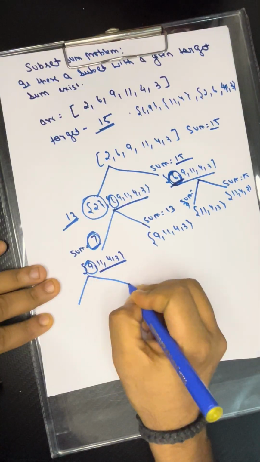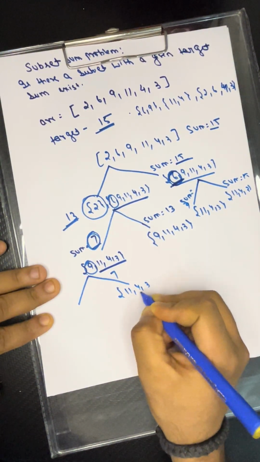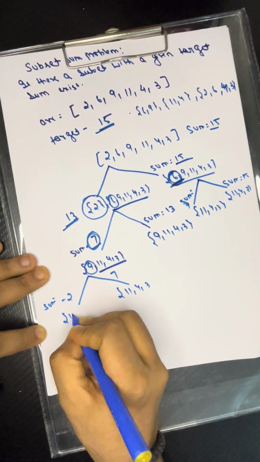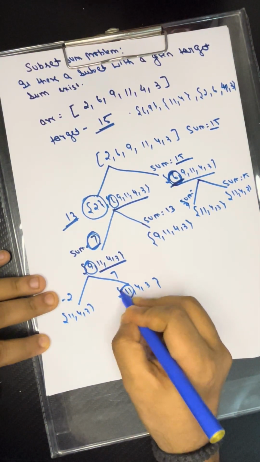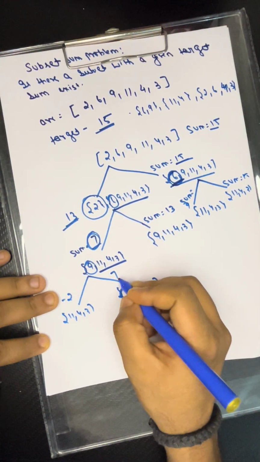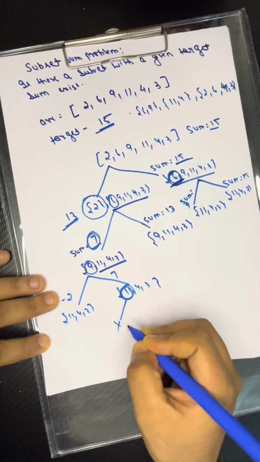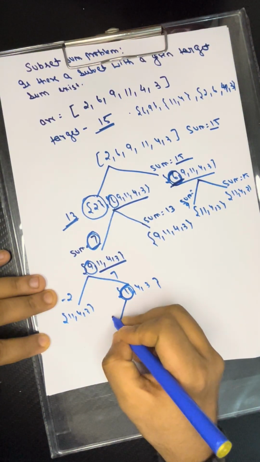We have to find 7 and the elements left are 11 4 3. Here is minus 2 sum and the elements are 11 4 3. Here also if we take 11, then of course 7 minus 11 is minus 4, so we'll exclude this. This won't work.